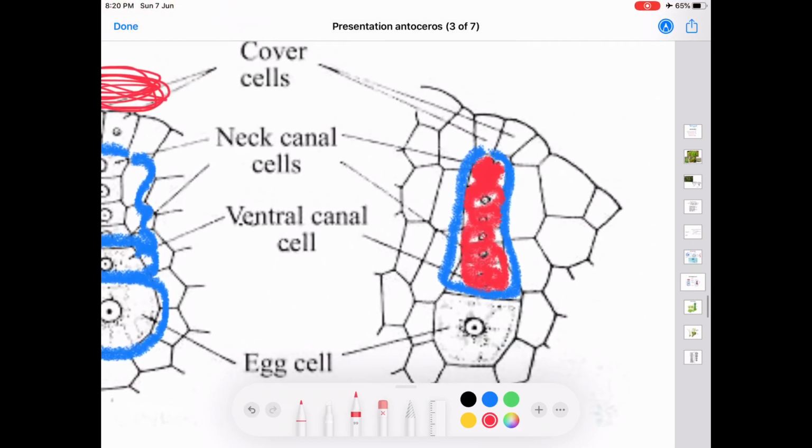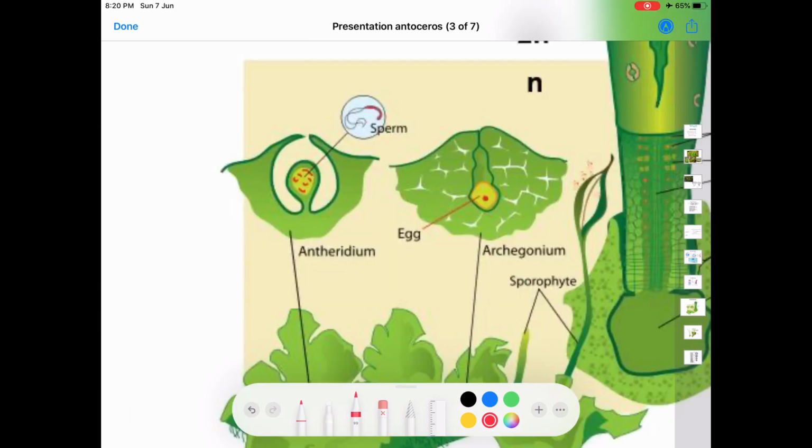See, these two are the cover cells, and the mucilage pushes the cover cell and it comes outside the thallus. The antherozooids reach the egg through chemotactic responses and fertilization is effected.